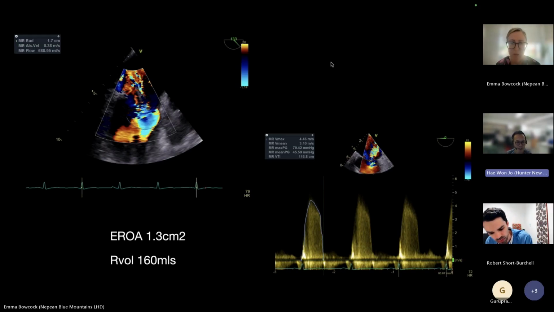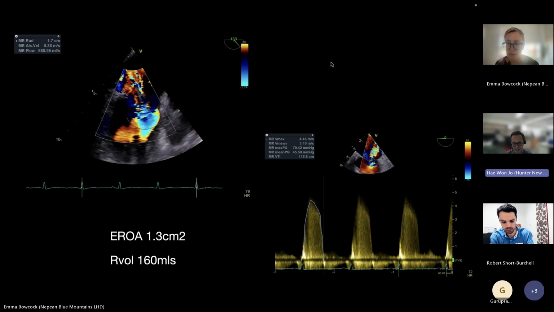I also think that the radius is an overestimate. And I'd also want to double check the timing. The timing where you measure the PISA radius should be at the peak of MR velocity. So that involves interrogating both the PISA image and the continuous wave across the mitral valve.